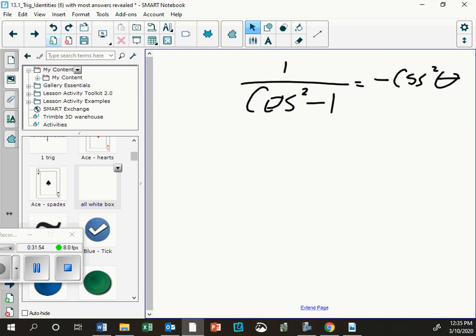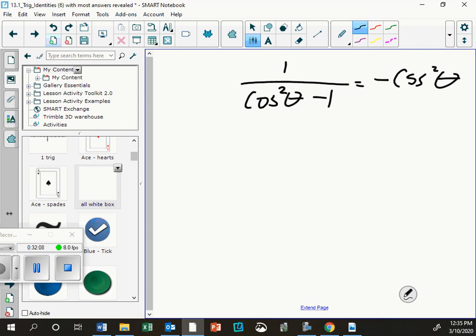Oh, I should have a theta in there. Sorry, I'll write it cleaner. Okay, hold on. That's supposed to be a CSC, cosecant.